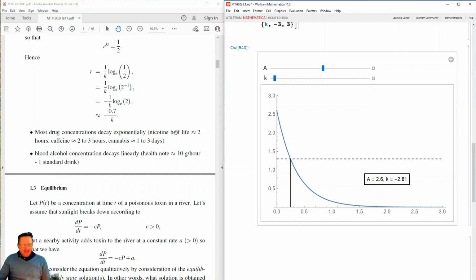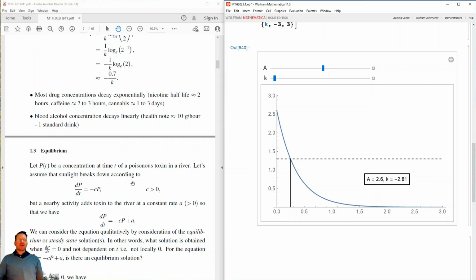So nicotine is said to have a half-life of approximately 2 hours. Blood alcohol concentration decays linearly, apparently. So most likely a different differential equation.